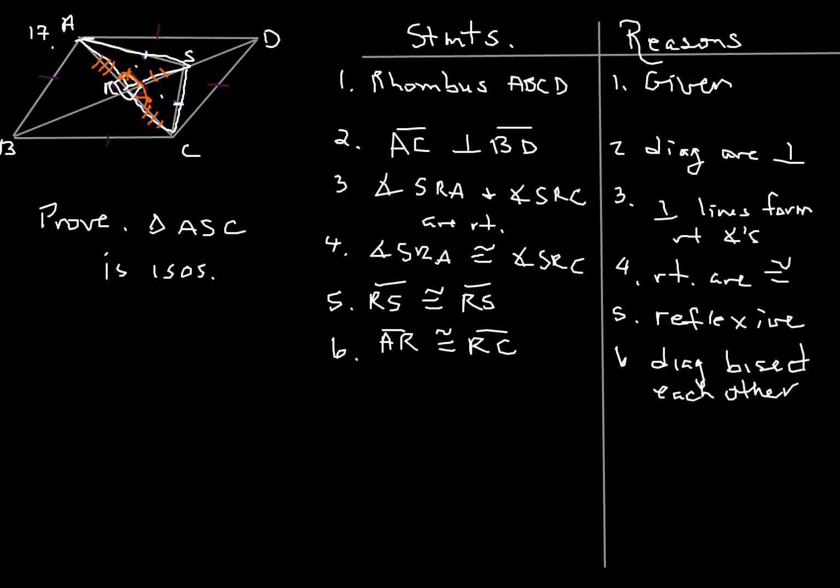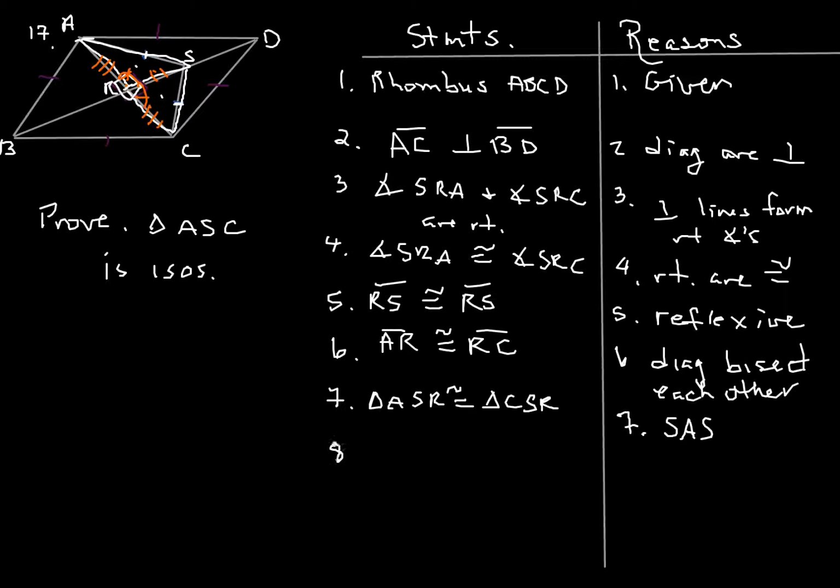So now we can say those two little triangles are congruent by side, angle, side. Let's just jump to the triangles. Triangle ASR is congruent to triangle CSR, and that would be by side, angle, side.